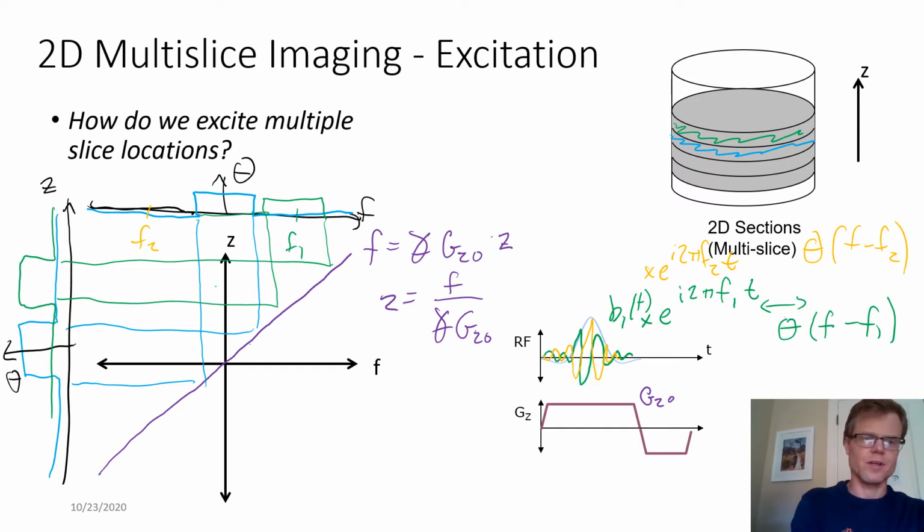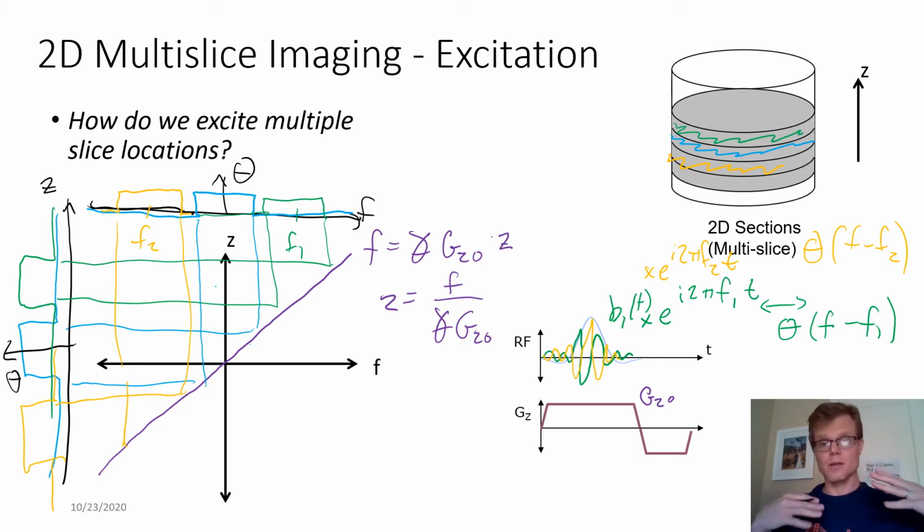Let's make it over here, so we can choose what f2 is, and here we can shift our slice in the opposite direction and cycle through. So we can take just our same RF pulse, except add in these frequency modulations to the RF pulse. And this will enable us to excite our multiple slices.